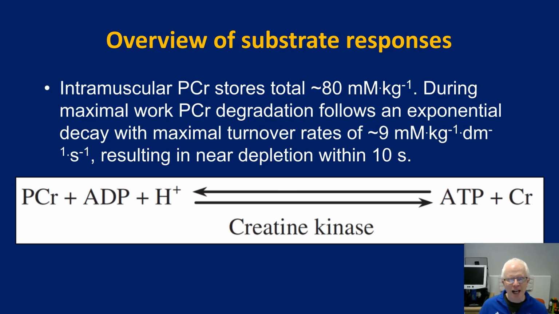So if we go back to our analogy of a 400-meter runner, and we're saying that they're going to run the 400 meters in, let's say, 45 seconds, we've seen two really important hints. First hint is here: we can see that we get near depletion within about 10 seconds of going flat out. The second hint we saw was on a previous slide.